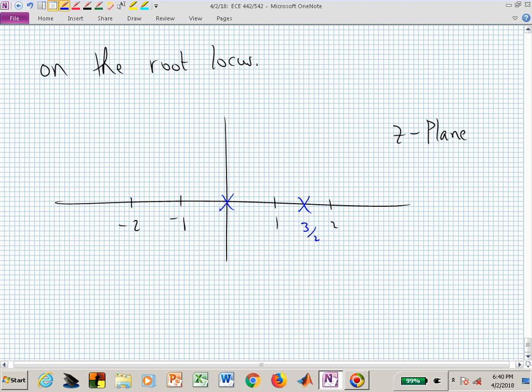Now, what I want to do is examine some points. Let me look at some points. So now I'm going to get very artistic. Suppose that I put something over here, and there's a star. So let me just play right now on the real line and see if you can answer some questions.